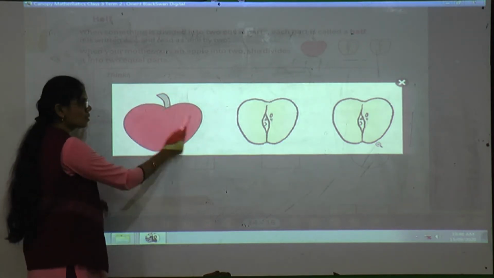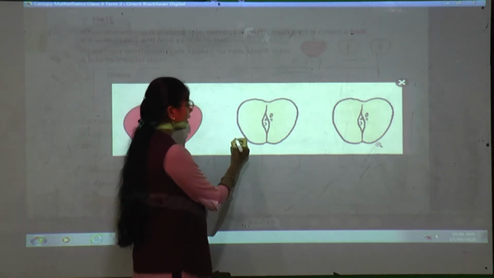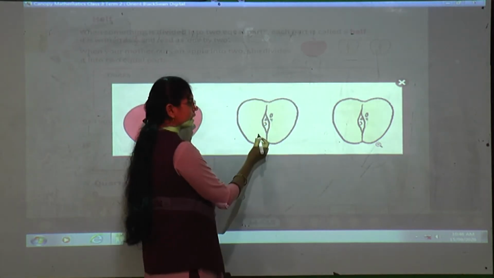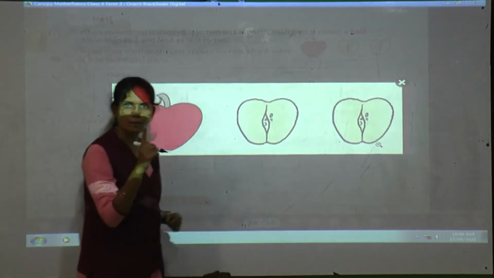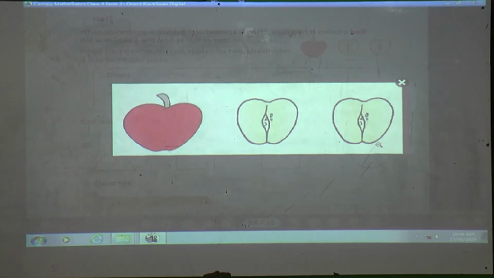When we divide this whole apple into two equal parts, we get each part like this, and each part is called a half. Half means, when something is divided into two equal parts, each part is called a half.